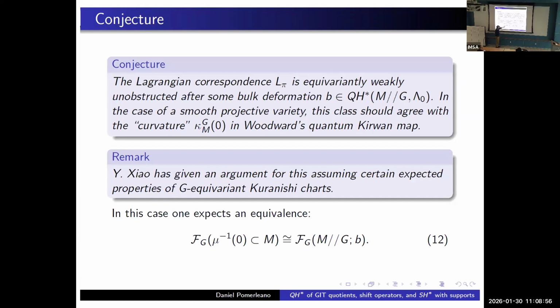One expects further that you can get an equivalence of the subcategory of all these Lagrangians in the mu inverse of 0, by sending each equivariant Lagrangian to its quotient, you would actually get a functor on Fukaya categories. So there shouldn't be an equivariance here.